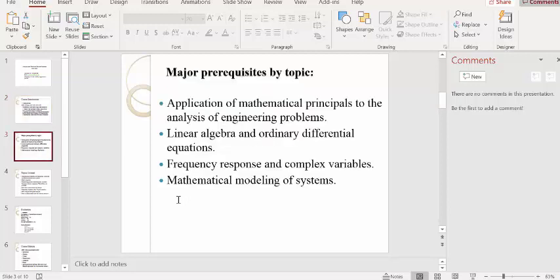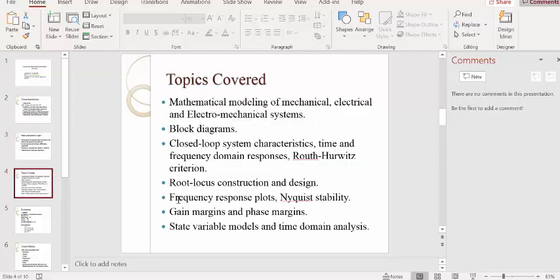Now, major prerequisites by topic. There are four major prerequisites by topic. One is application of mathematical principles to analysis of engineering problems, linear algebra and ordinary differential equations, frequency response and complex variables, and mathematical modeling of systems. Those are the four major prerequisites. Some of the topics we cover in the class include mainly these seven topics.